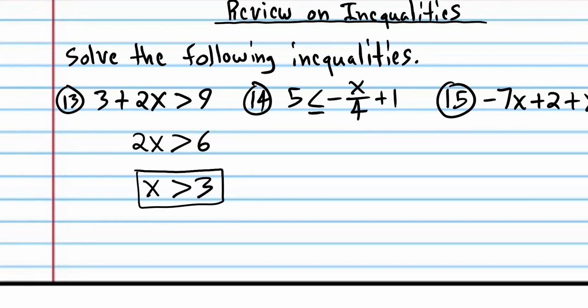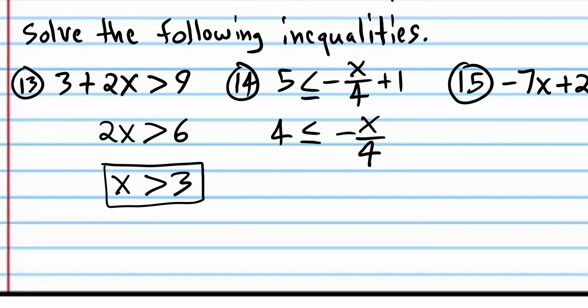So now let's subtract 1 from both sides over here. And then we're going to multiply. This is x divided by 4, and also there's a negative there. It might be easier to understand how we're going to get rid of that negative, because we don't want that negative there. We want x to be by itself. So we're going to move that negative down to the 4.